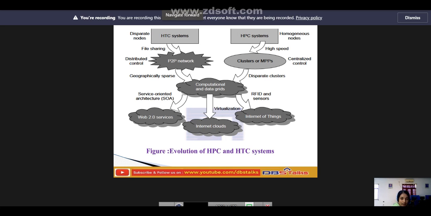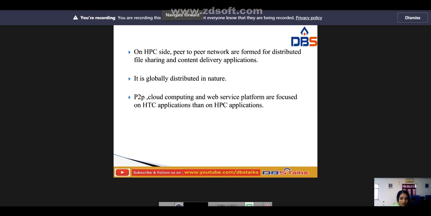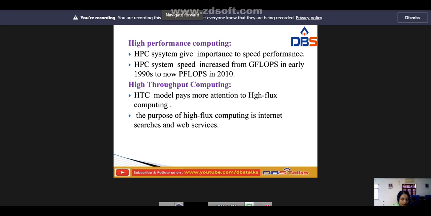Next, coming to high throughput computing. What is meant by high throughput computing? This model pays more attention to high flux computing. The main applications of high flux computing are internet search and web services. In the diagram we can understand why we are using HTC. Billions or more users are simultaneously using high throughput computing.